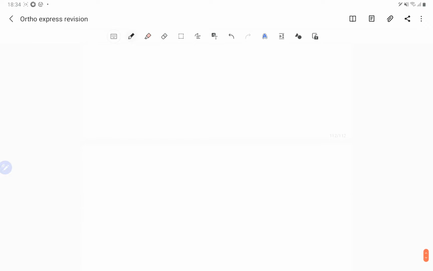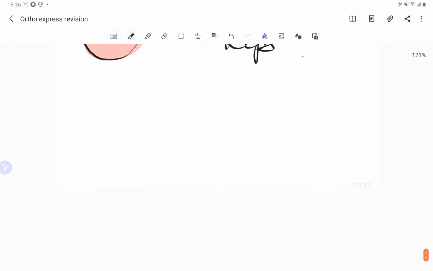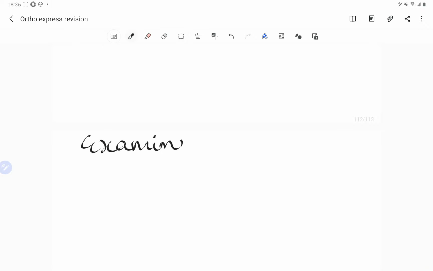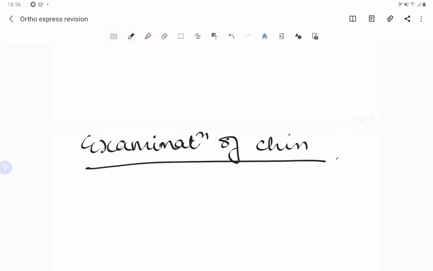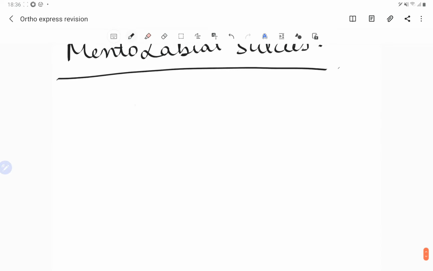Then we have, guys, the examination of the chin. In the examination of the chin, we see the mentolabial sulcus. If you see a class 2 profile, this is the upper lip.